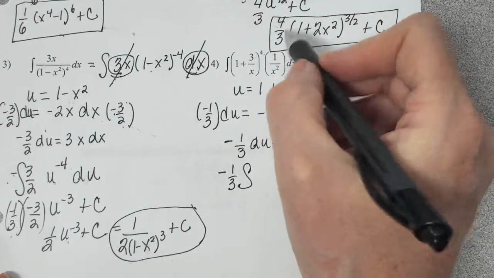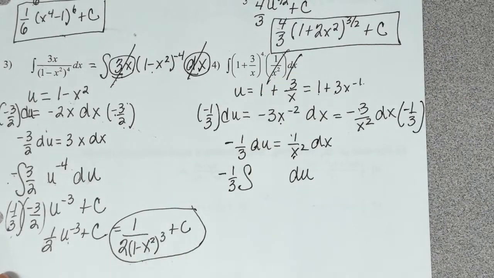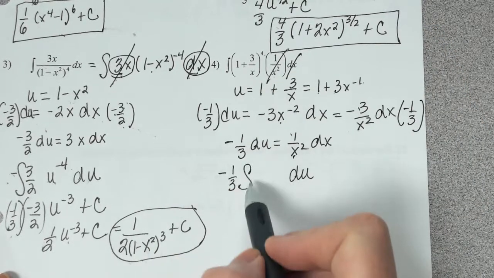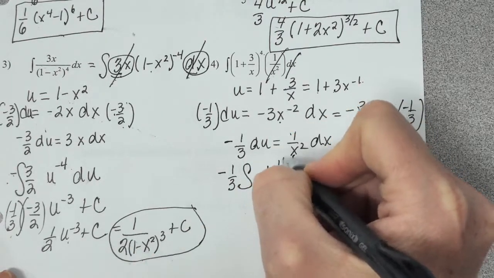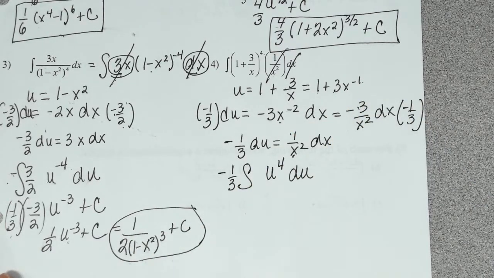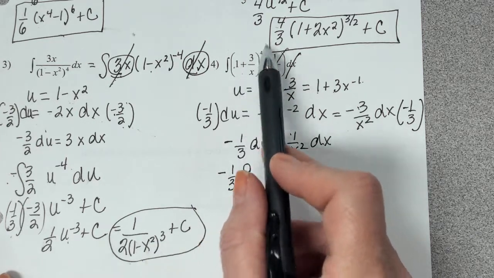So that took the place of all of this, didn't it? 1 over x squared dx, this is now gone. You don't have to put the negative 1/3 in front. You can put it here too if you want. You can put it either place, it's a constant. Chad? Right. See that? Right here's u. So it's u to the 4th.